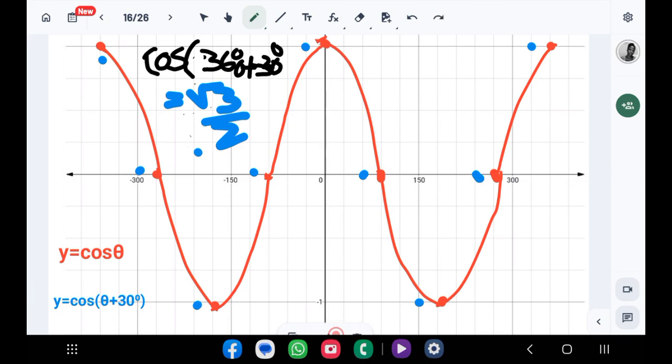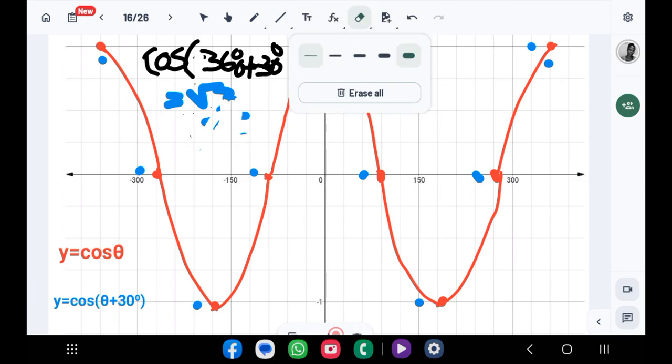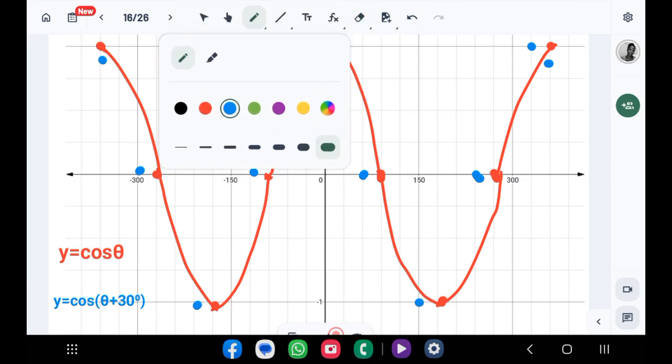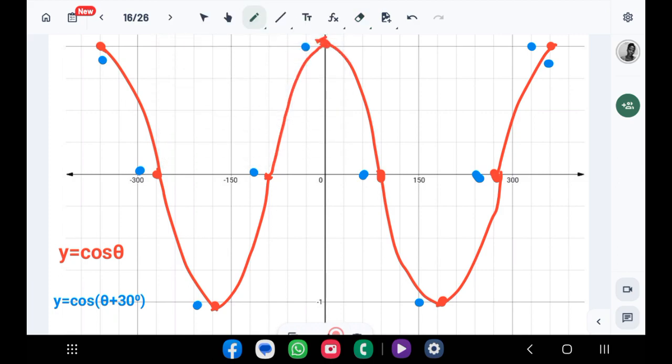Okay, let's just go a bit further down. Now we join the points. Let's remove this before we join the points. Let's join the points now.